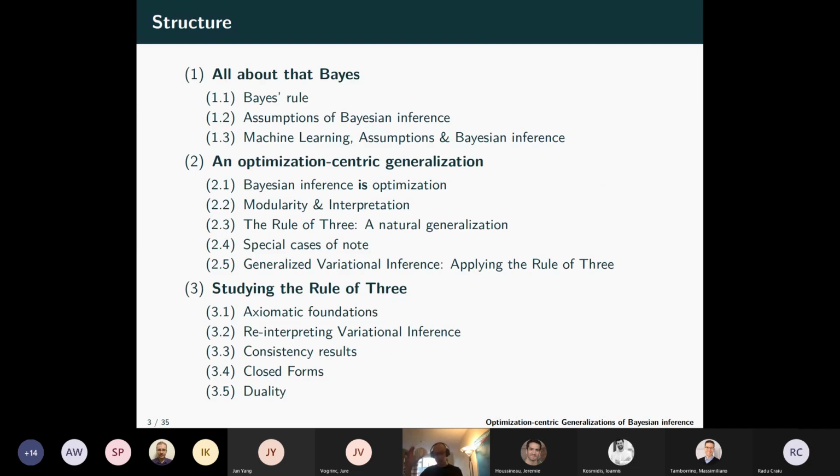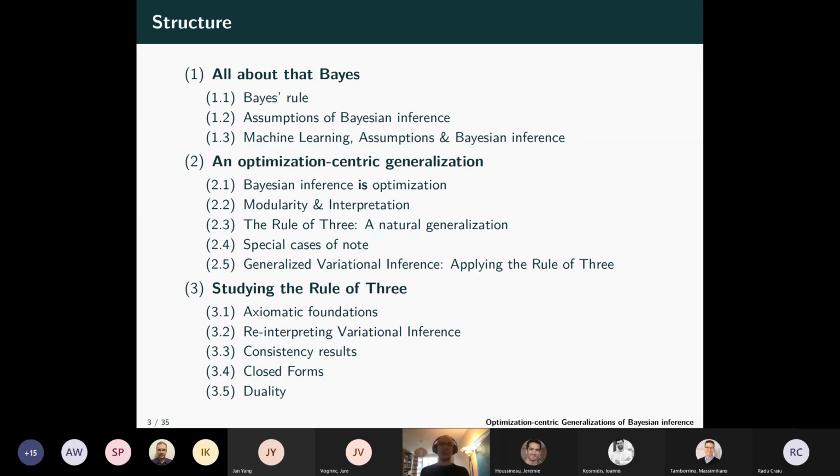And so the structure for this will be in 3 parts. First, we're establishing notation, going through Bayes rule again, and also linking Bayes rule to a particular variational problem, an infinite dimensional optimization problem over the space of probability measures. And that's what we spend the second part on, which is talking about what this optimization problem looks like, why it's interesting for us to study this, and how we can generalize this in a fairly natural way.